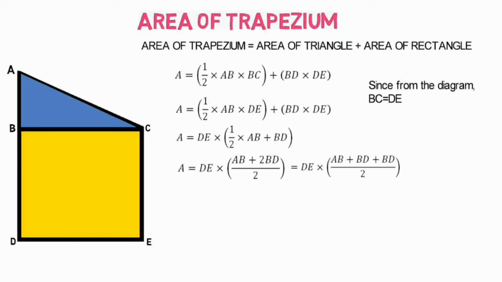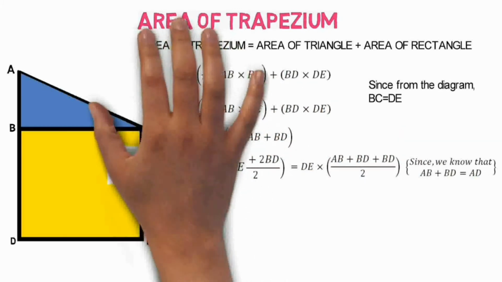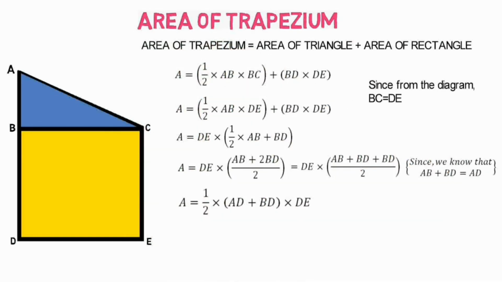Now we can write 2BD as BD plus BD. Since we know that AB plus BD is equal to AD, we can replace this in the above equation. That is, A is equal to half into (AD plus BD) into DE.